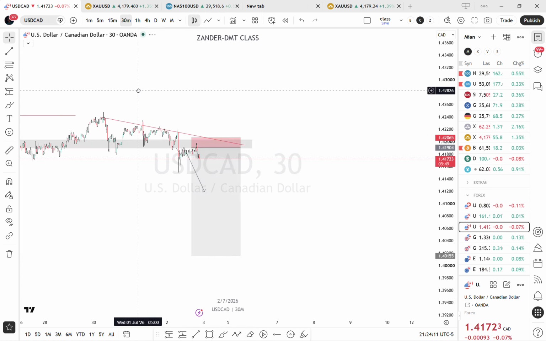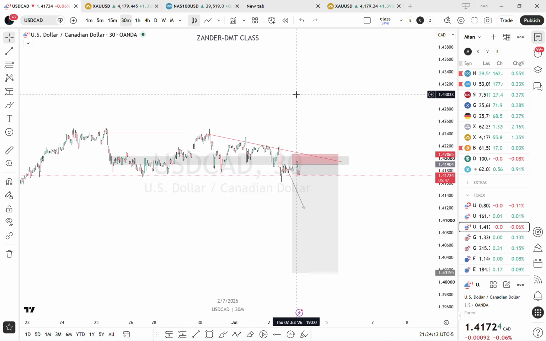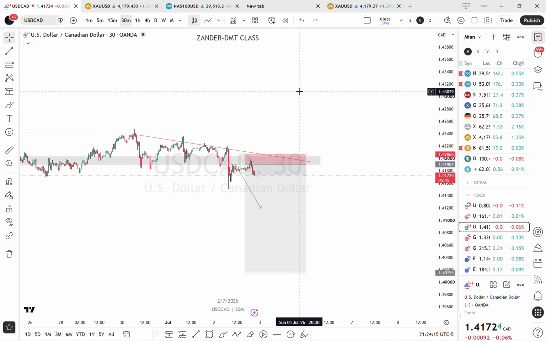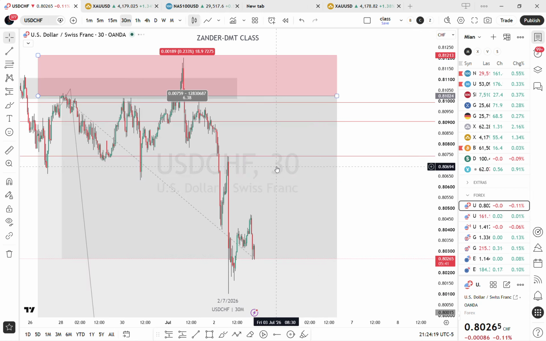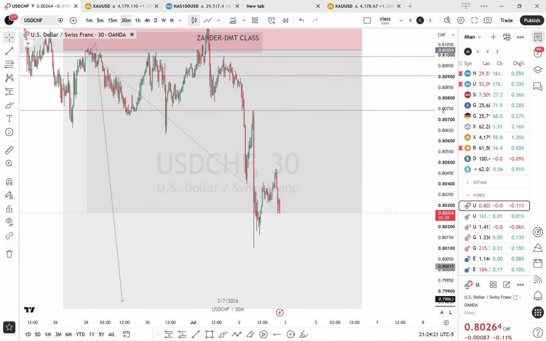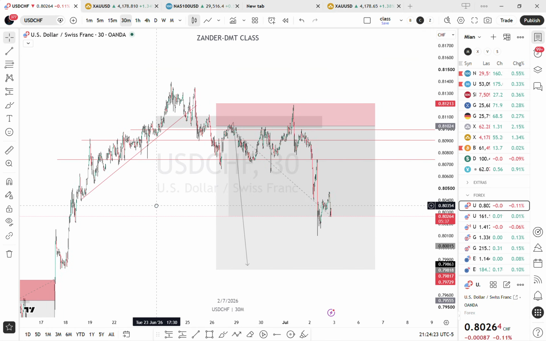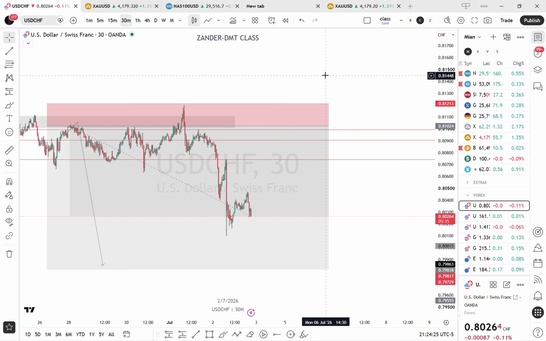USDCAD all the way running down now. But again, can't win them all. It's sad because I've been trying to get USDCAD. I've been trying to get USDCHF, but I don't have the monitor space to monitor these trades, and I don't have the time.